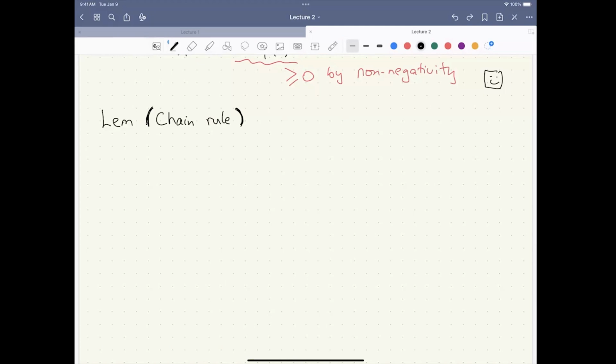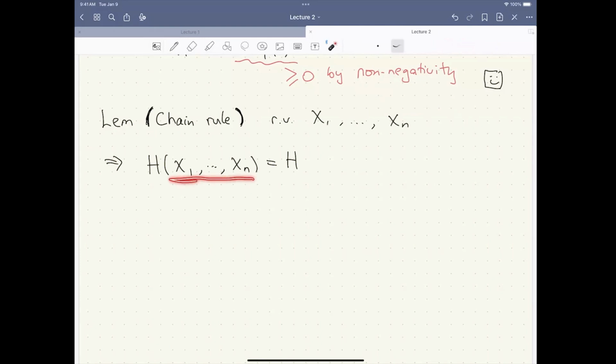So don't get overwhelmed. The chain rule says, if we have random variables x1, x2, dot, dot, dot, to xn, then the joint entropy of this vector equals, let me read it out using the informal meaning: the total information we get from x1 to xn equals the information we get first from the first person.